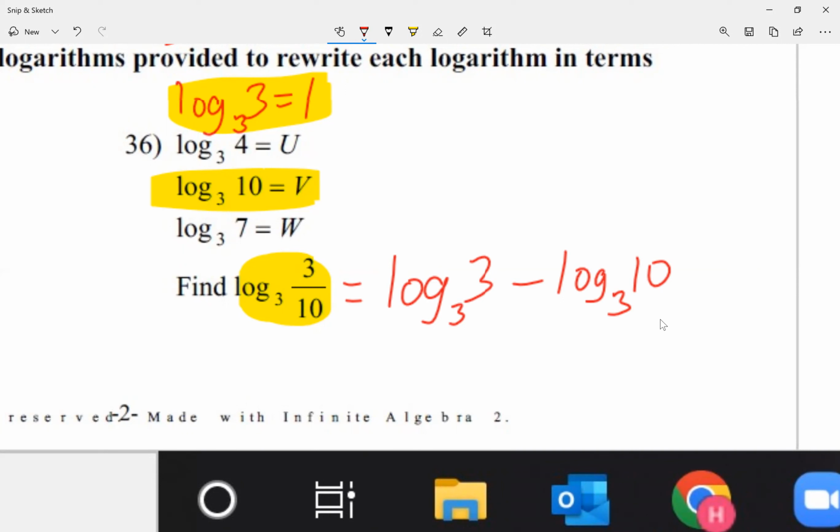So I did log base 3 of 3 minus log base 3 of 10. Okay, now log base 3 of 3, let me just call that 1, minus log base 3 of 10, let me just call that v. So my answer will be 1 minus v.